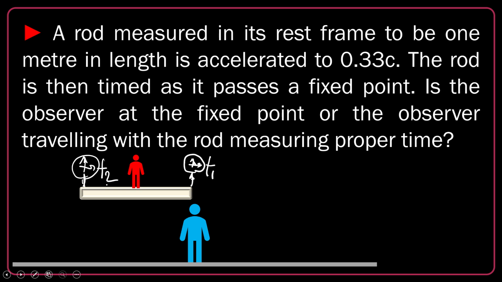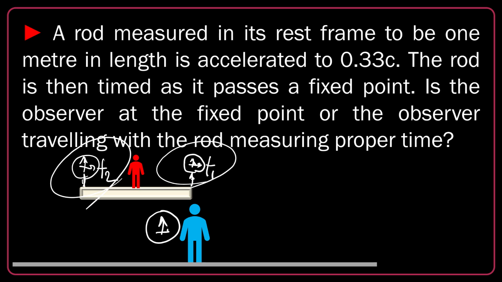Then this person subtracts the values taken from a couple of clocks. So this person cannot use a single clock. As you see, we cannot say that a person who is traveling always measures the proper time. No, it depends on the event. Now the event can be measured by a single clock by the observer on the ground, so this person will measure the proper time.